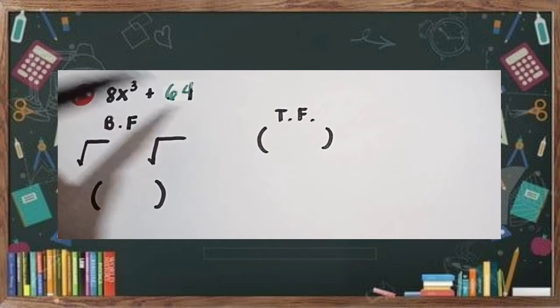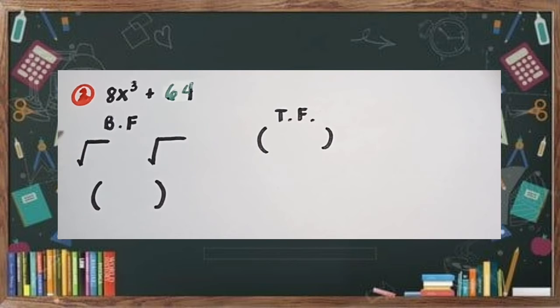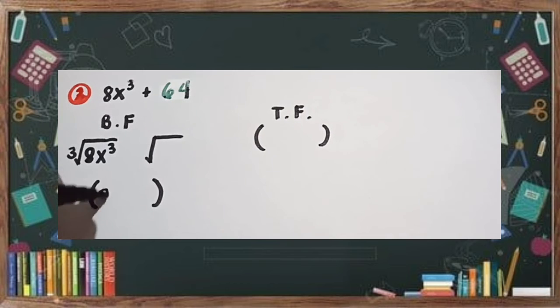8x cubed plus 64. First, we need to get the binomial factor. So, ang una natin kukuhanin ay kuhanin natin yung cube root ng unang term. So, the cube root of 8x cubed. Since we know that the cube root of 8 is 2, then the cube root of x cubed ay x.